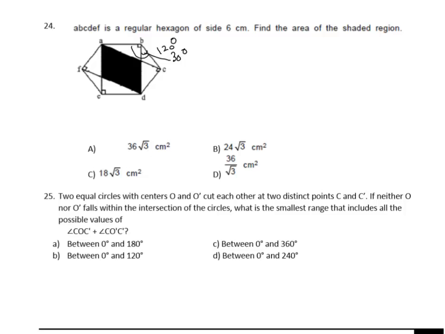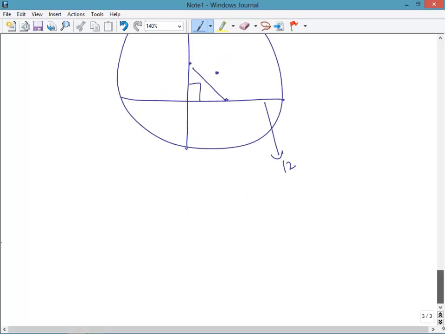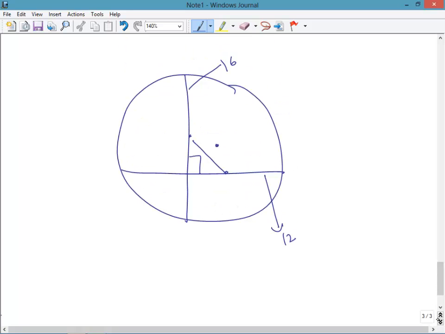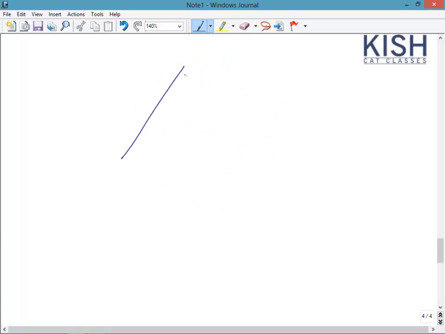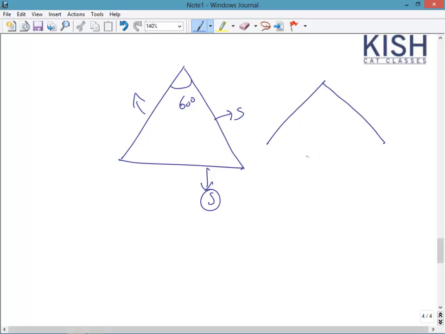I told you, if there is an equilateral triangle, if this is 60 degrees and this is also a side, then this is also a side. If it is a right angle triangle, if this is S and S, this is going to be S root 2.